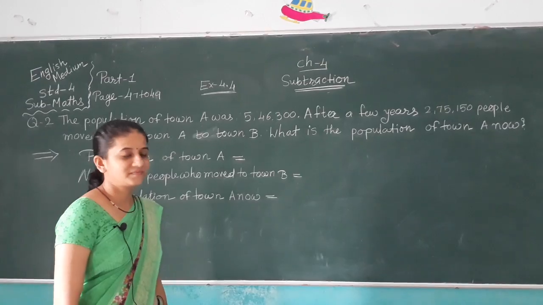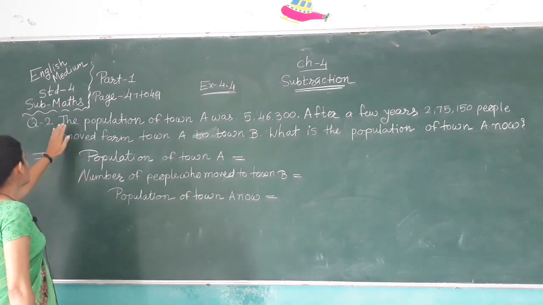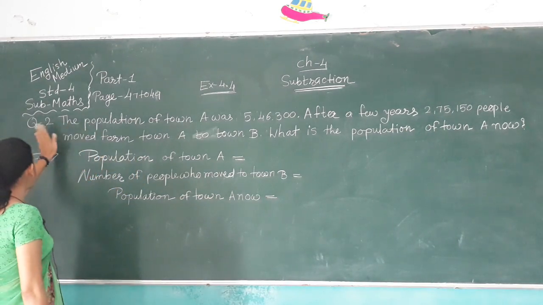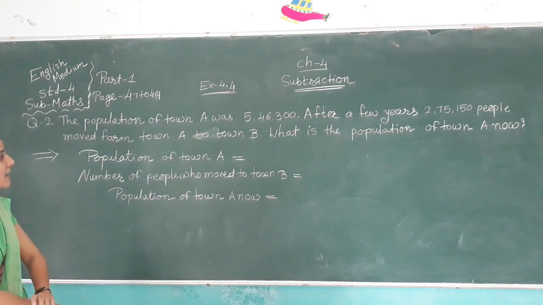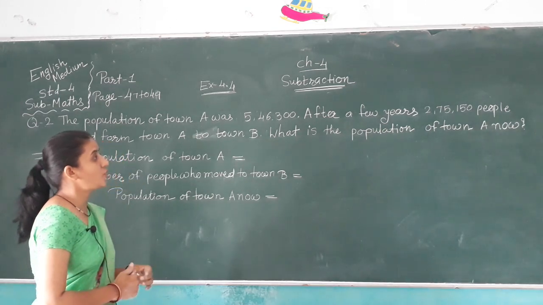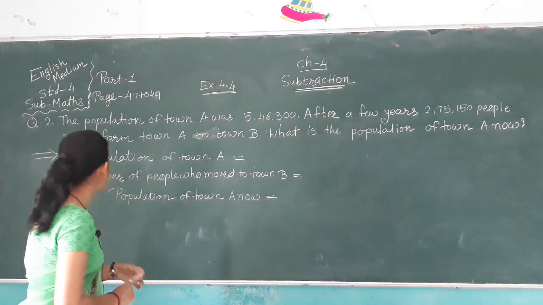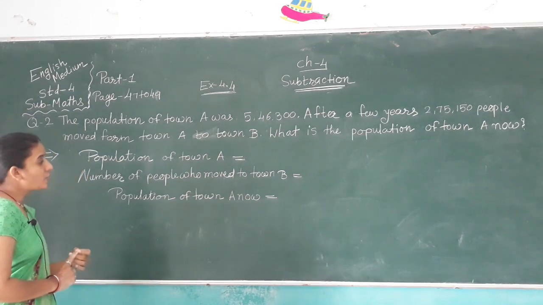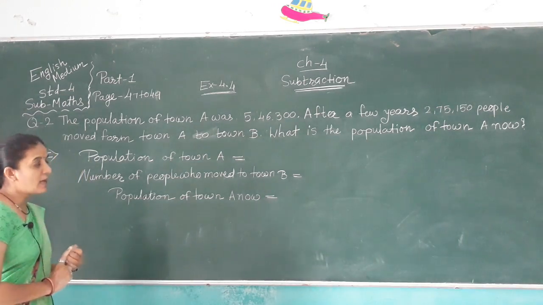Now next one, number story, word problem. Question number 2. The population of town A was 5,46,300. After a few years, 2,75,150 people moved from town A to town B. What is the population of town A now?